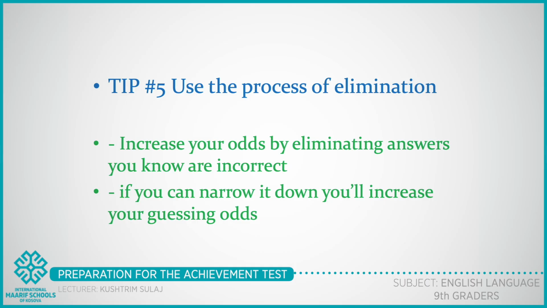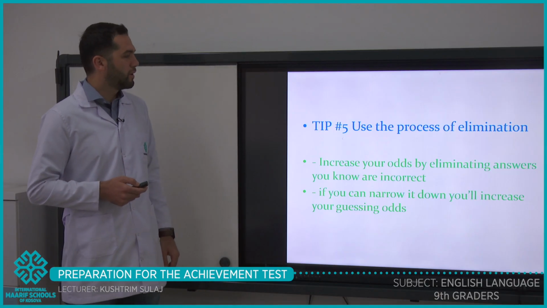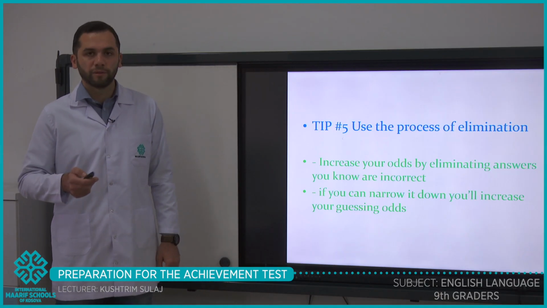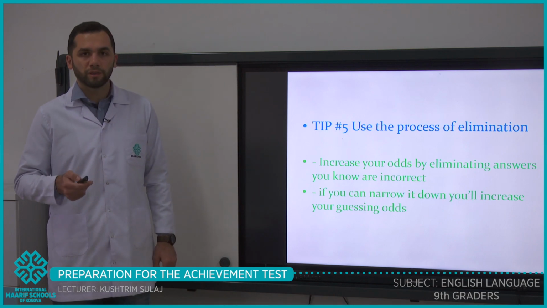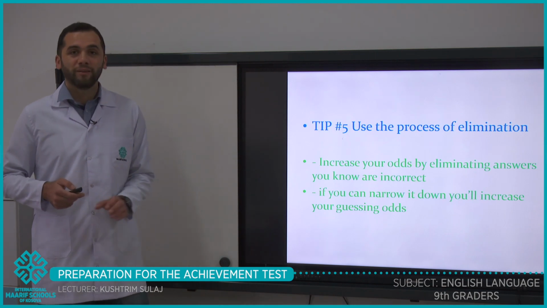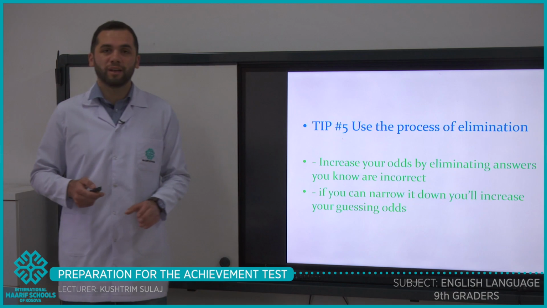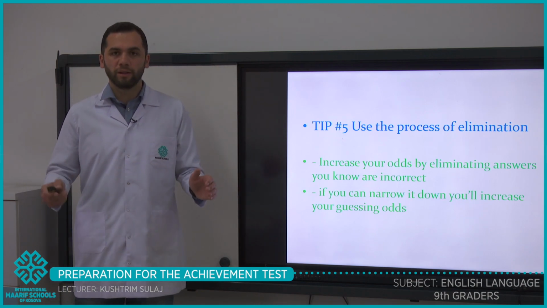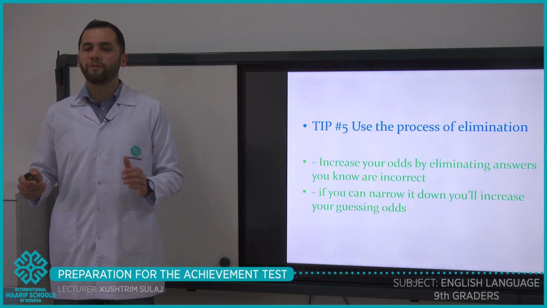Tip number 5, use the process of elimination. This is a very useful method. It is used by a lot of students. It helps you very much, because if you finally have to decide between A or D, it means that you are 50-50.